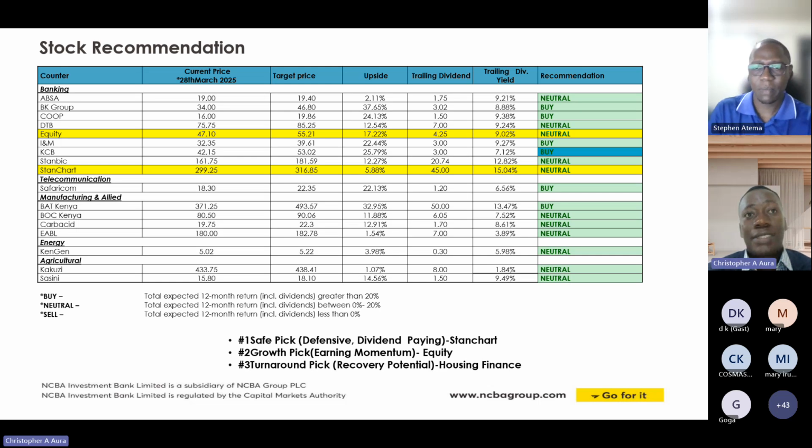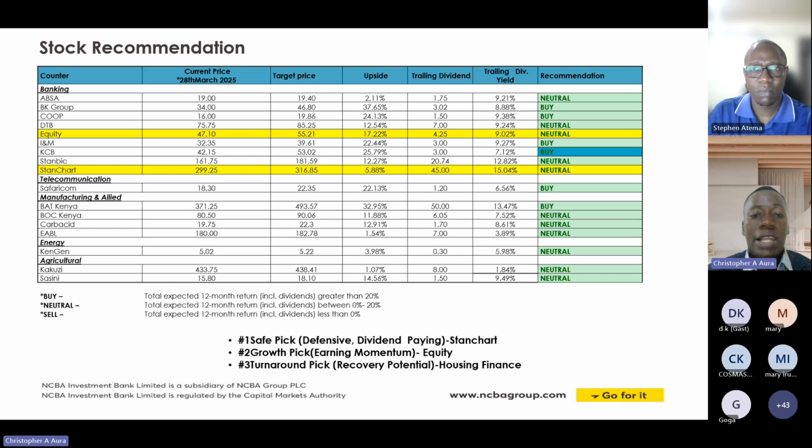Yes, because foreigners are one of the major participants in the NSE. With the tariff issues going on, most foreigners find it safer to have their money in developed countries, because they are now cautious about the developed markets. If foreigners are exiting emerging markets such as Kenya and Africa, we expect the equities market to be hit a little.